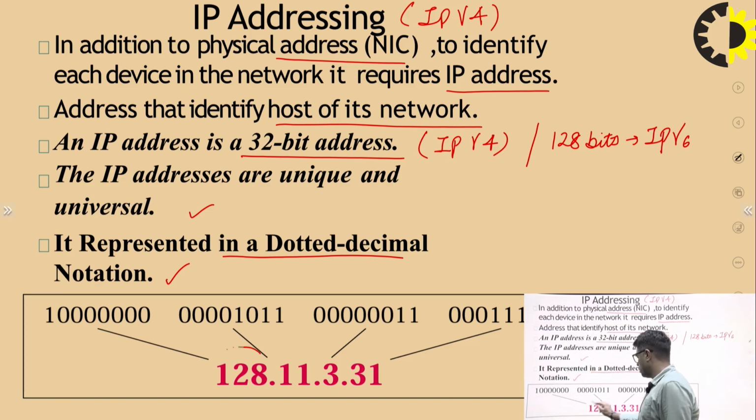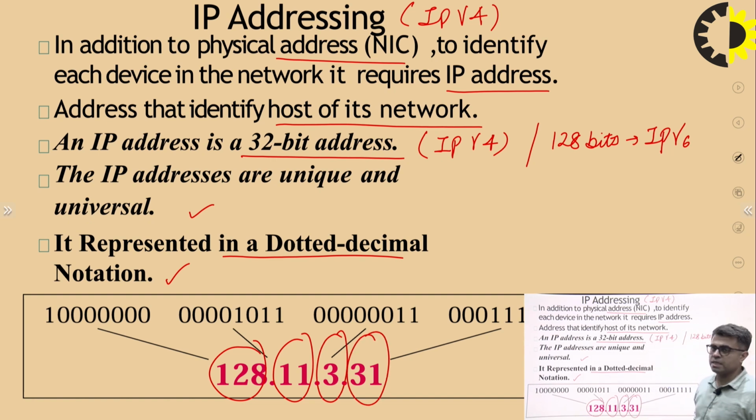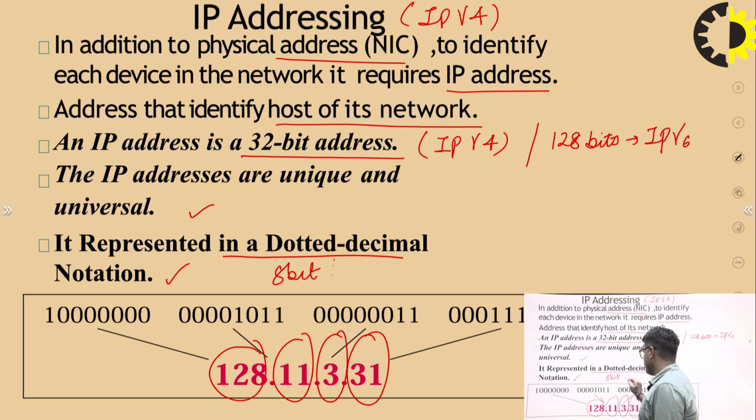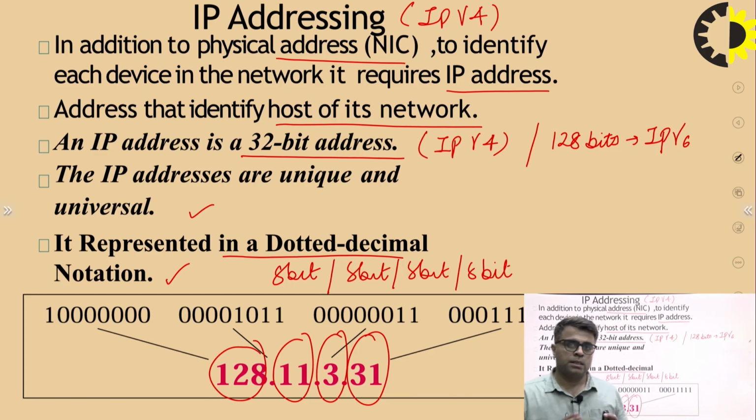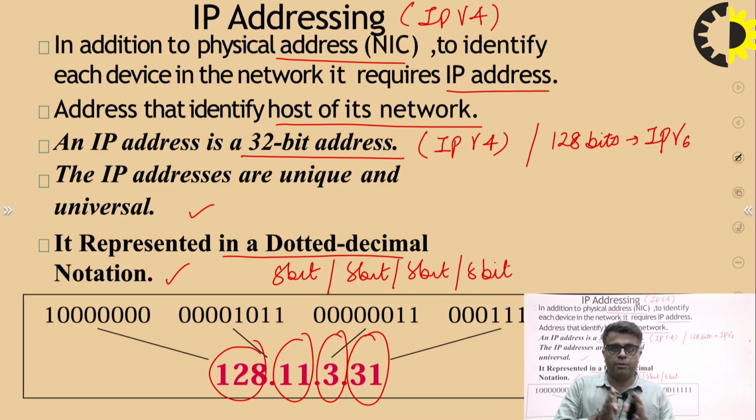Dotted decimal notation means there are 4 components, and each decimal component can be written in 8 bits of binary: an 8-bit pattern, another 8-bit, another 8-bit, another 8-bit. So the machine is going to understand the IP in segments of four 8-bit patterns.